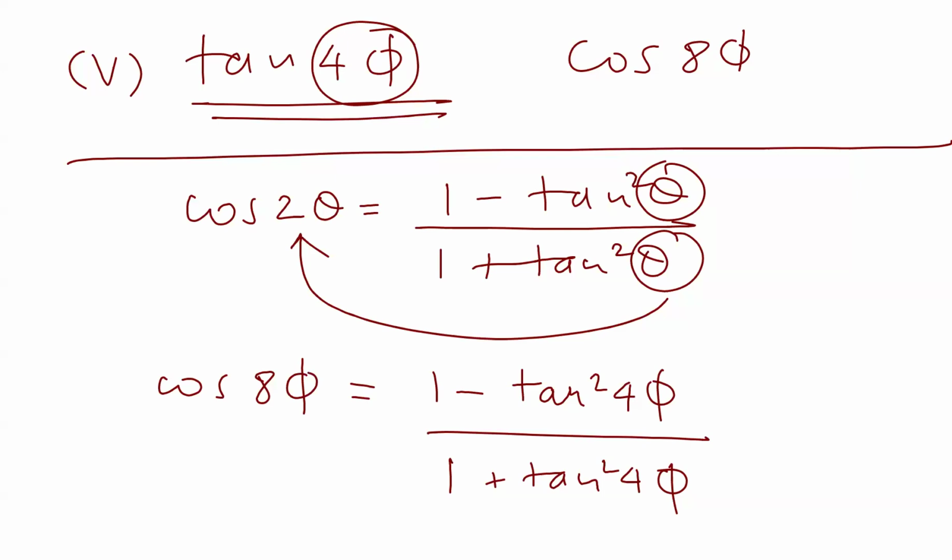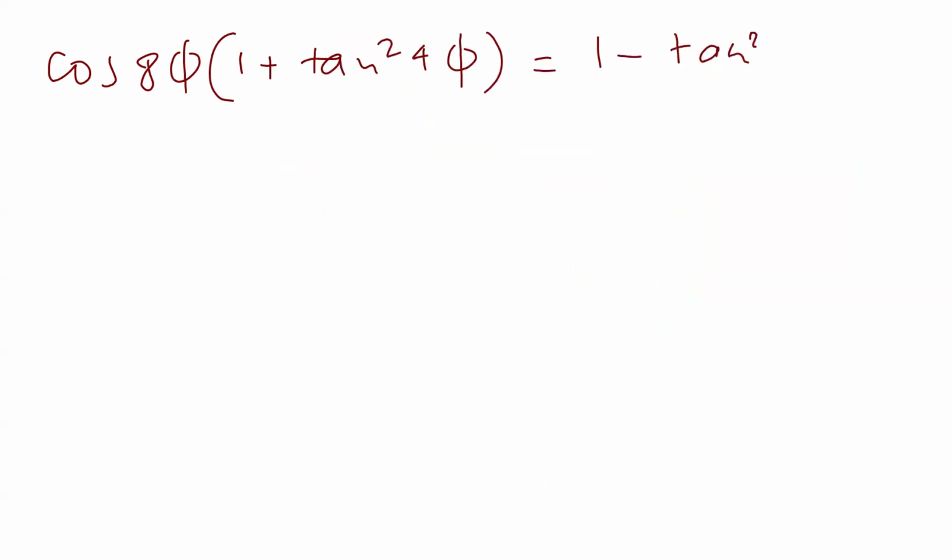Now we are supposed to write tan 4 phi in terms of cos 8 phi. So now first we are going to cross multiply this. Cos 8 phi into 1 plus tan square 4 phi is equal to 1 minus tan square 4 phi. Okay. So next step, I'm just going to multiply this.